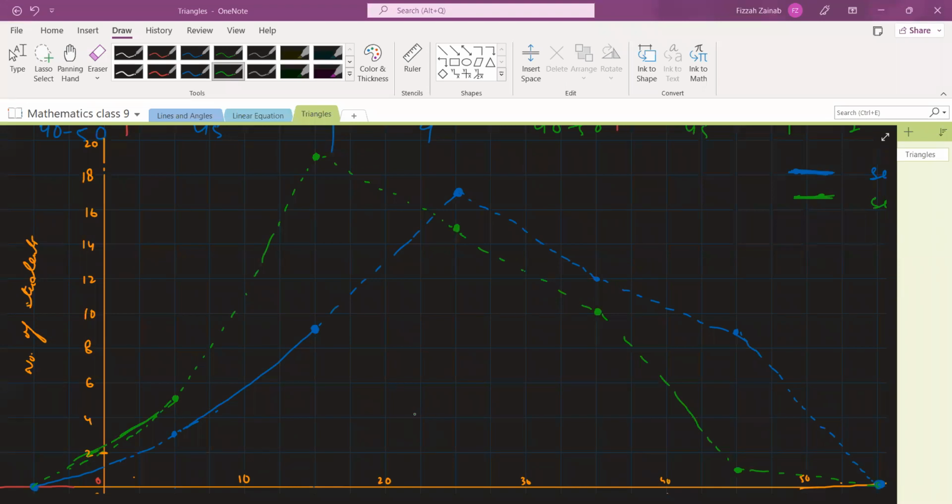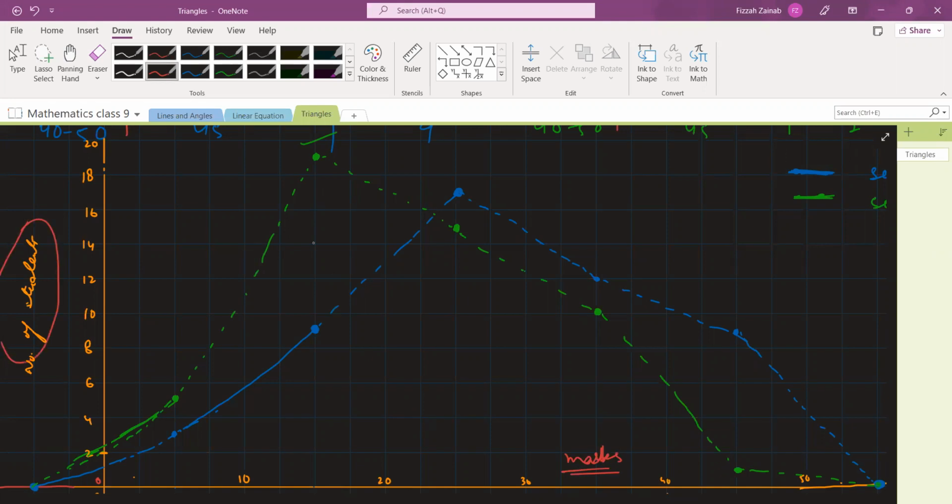Why? You are thinking that the green line is higher at this point, right? So you think the performance is better. No, that's not the reason. Here you have marks on the x-axis, and these are just the number of students.